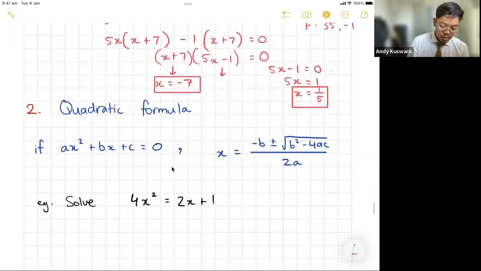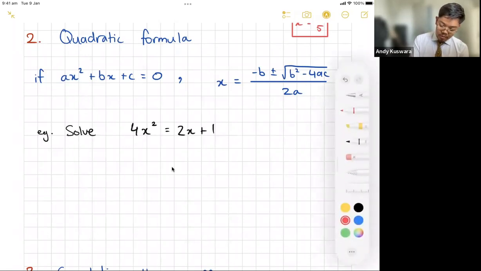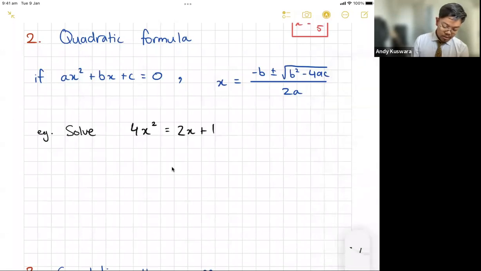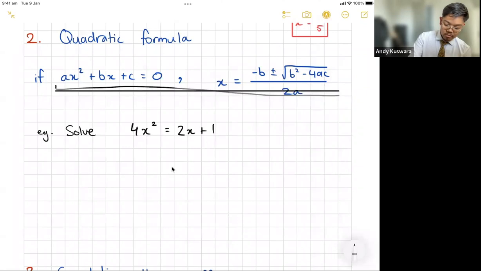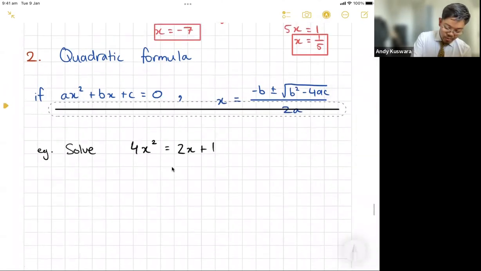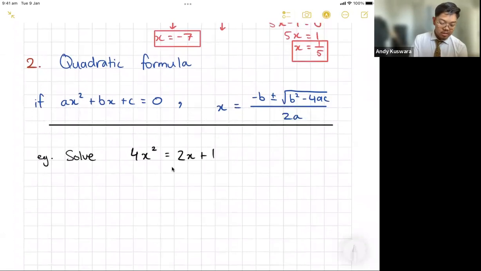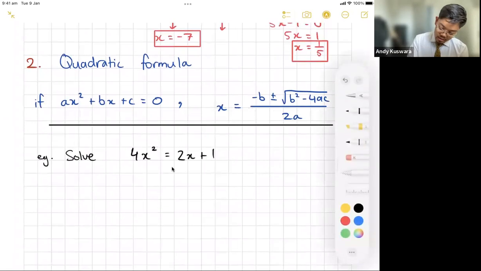Now the other option that you have, the second option, is slightly more effort, but maybe if you're not quick with the math, it might be a better option for you. It's using the quadratic formula. With the quadratic formula, it's important that we recognize what A, B, and C are.